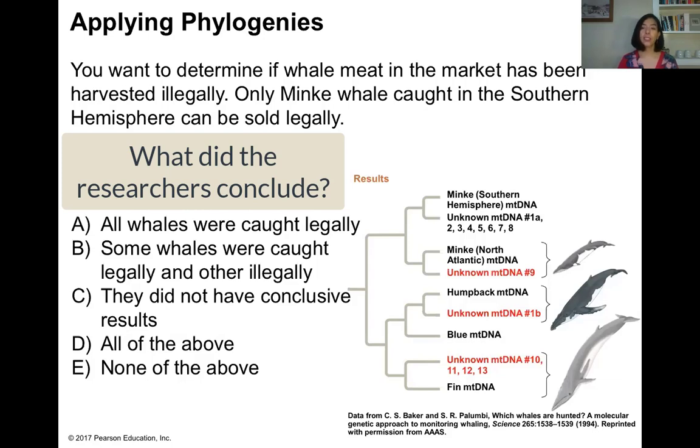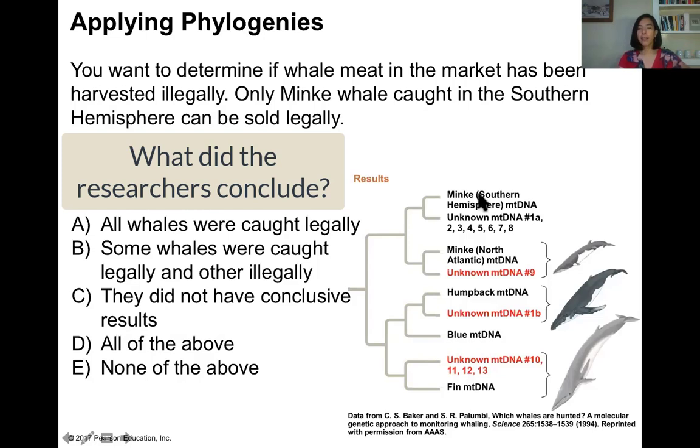So what the researchers did was they went to the markets and bought different types of meat from different vendors. Then they went to the lab, ground the tissue, extracted the DNA, sequenced a piece of a gene from the mitochondria, and compared it against known sequences.